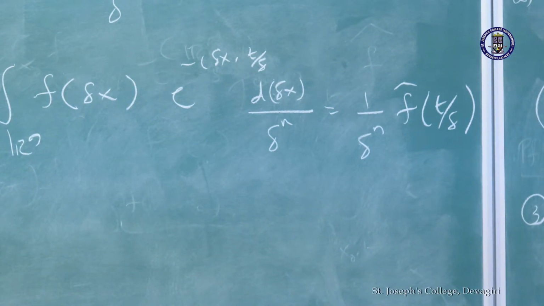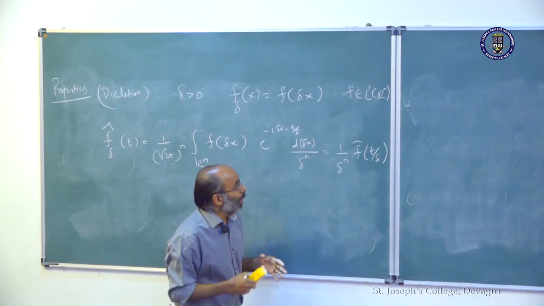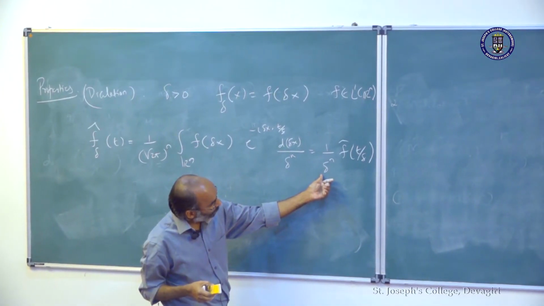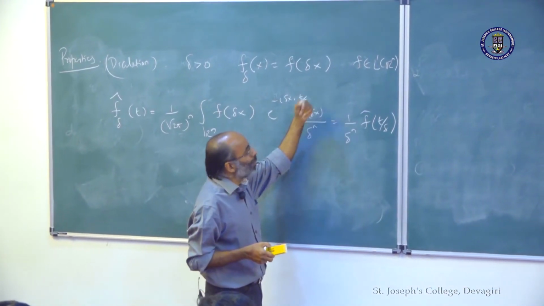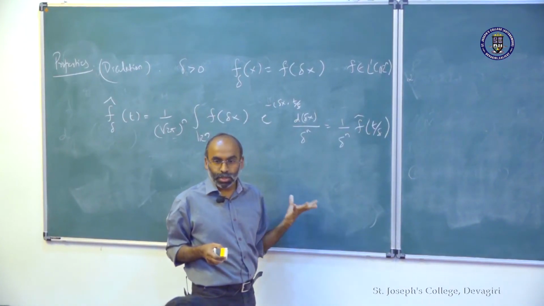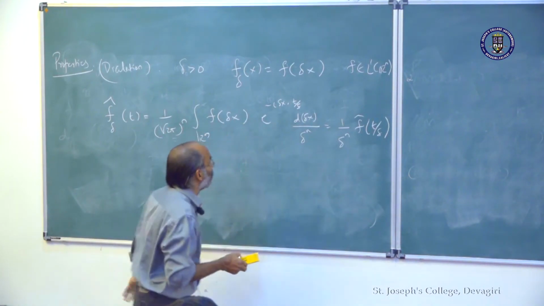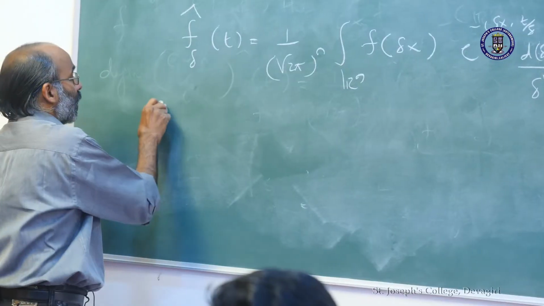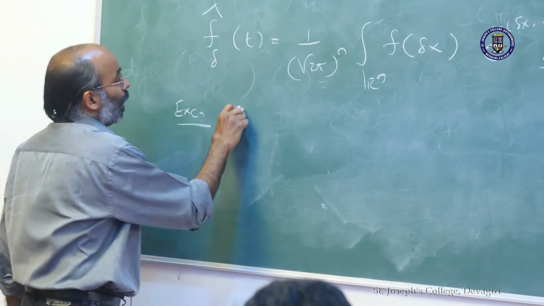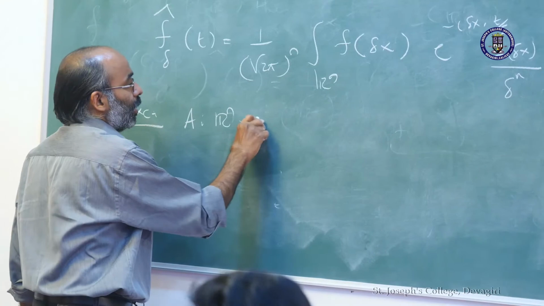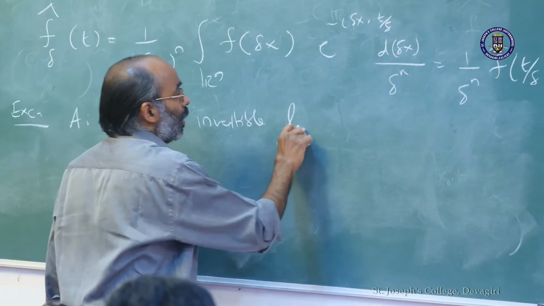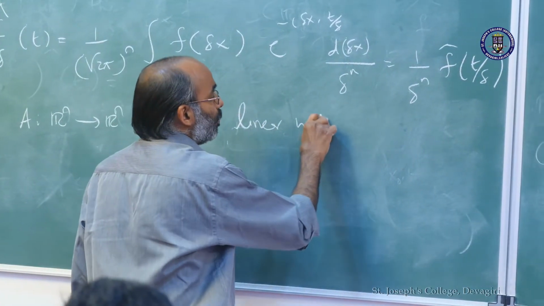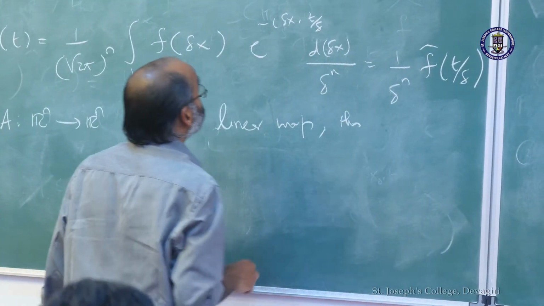Some more properties. Multiplication by delta is a linear map, and this delta to the n is simply the determinant of that linear map. Instead of multiplying by delta, you can look at an invertible transformation and do the same calculation. Well, exercise if you like. Let A from Rn to Rn be an invertible linear map.